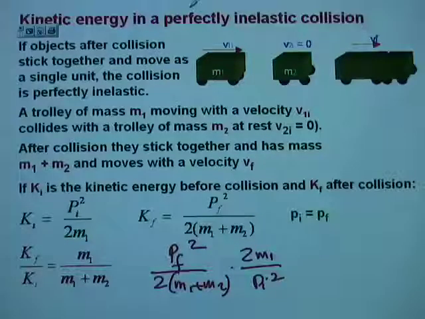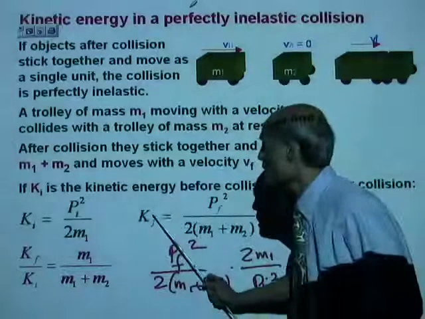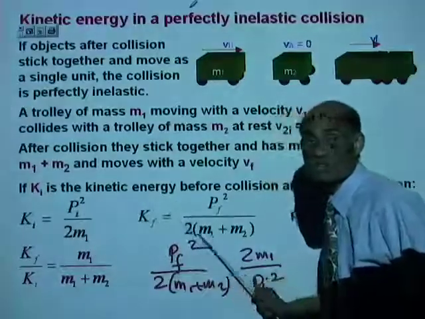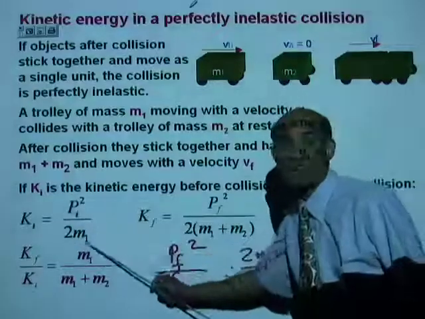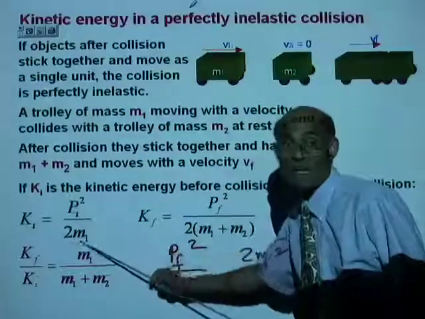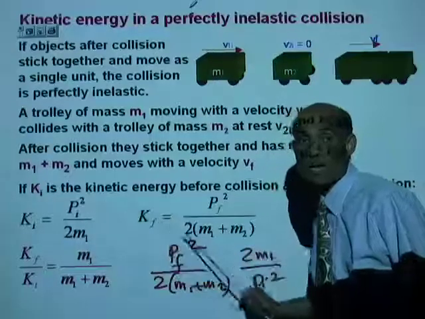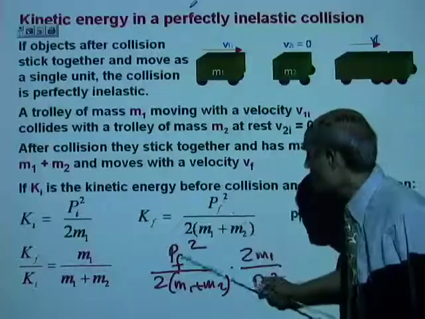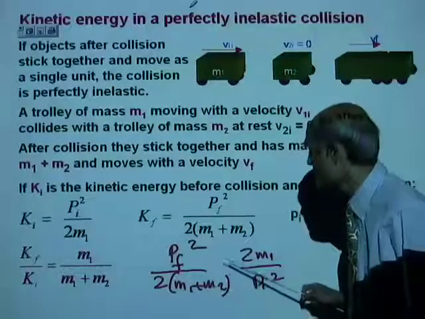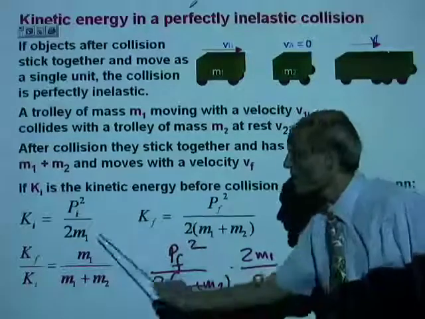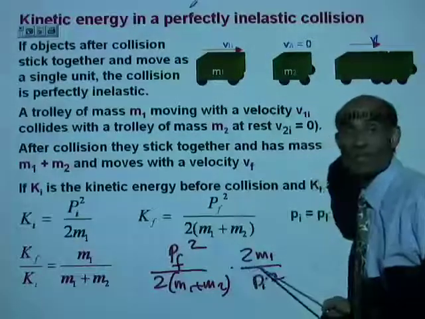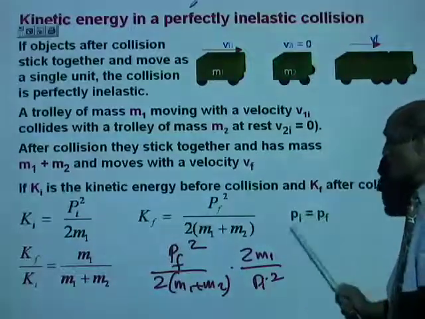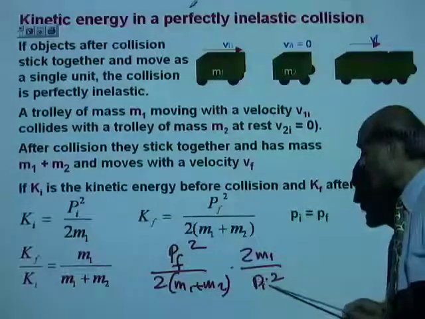Did you understand that? I want to divide the final kinetic energy by the initial kinetic energy. This quantity divided by this quantity. Dividing by a rational expression is the same as multiplying by the reciprocal. So I took Pf squared over 2 times m1 plus m2 and multiplied it by 2m1 over Pi squared. Is that right? And now, since Pi equals Pf, these will cancel.